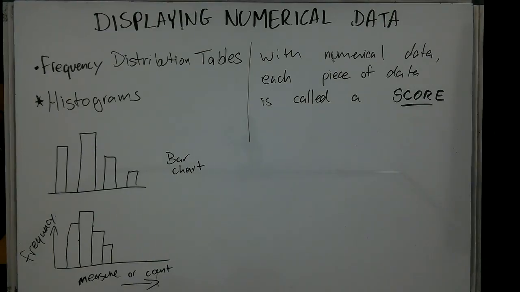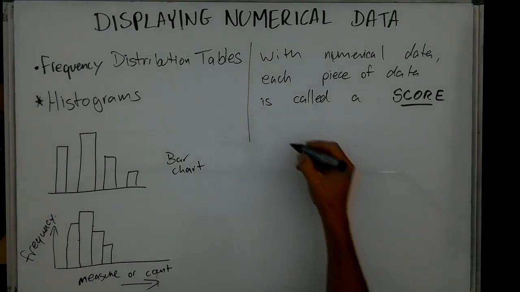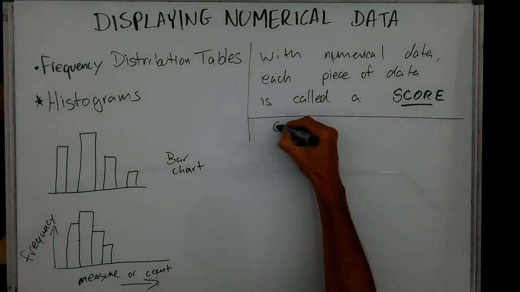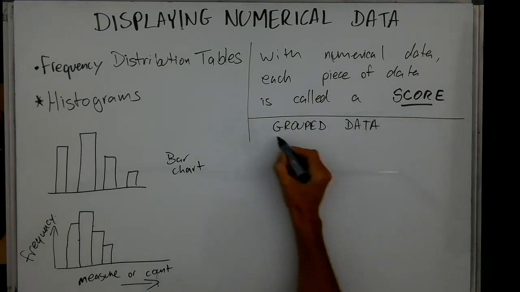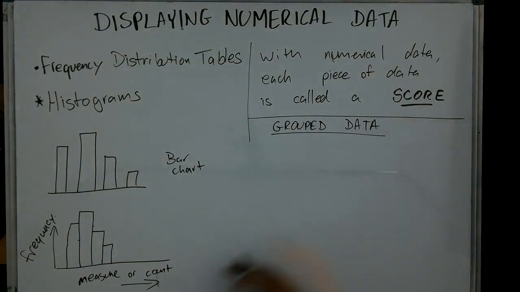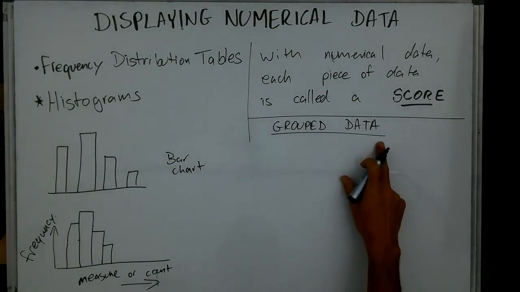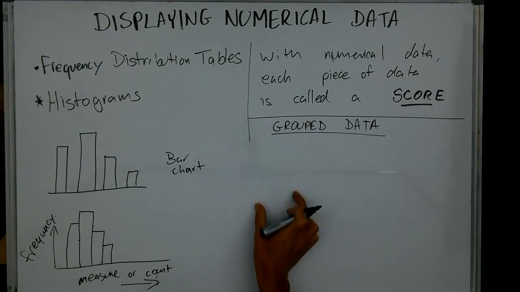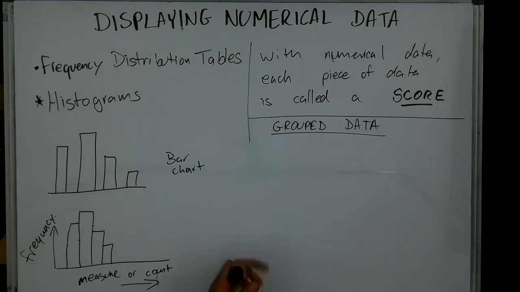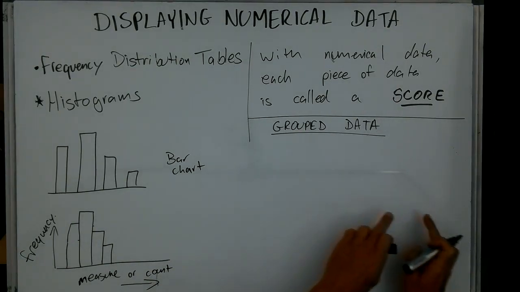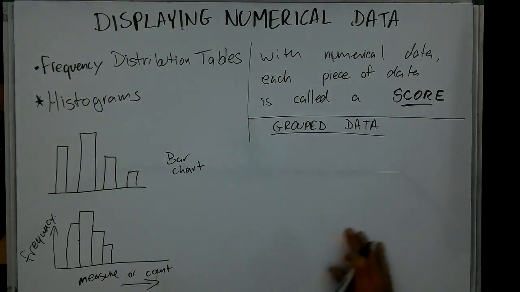With grouped data, we have a whole range of measurements or numbers that we've counted, and we put them into grouped categories, so we can see how many small scores we've got, how many medium scores, how many big scores, and it gives us some idea of how the data is distributed across the whole range.